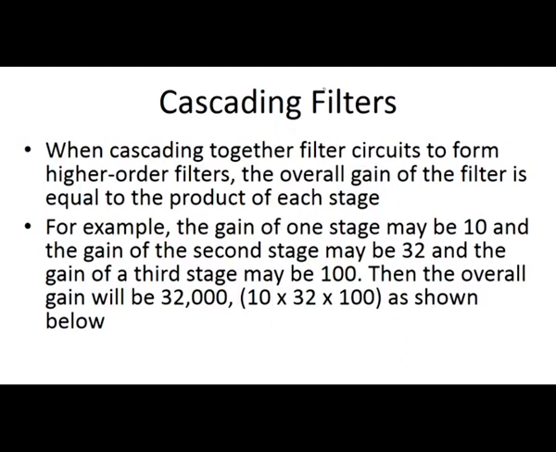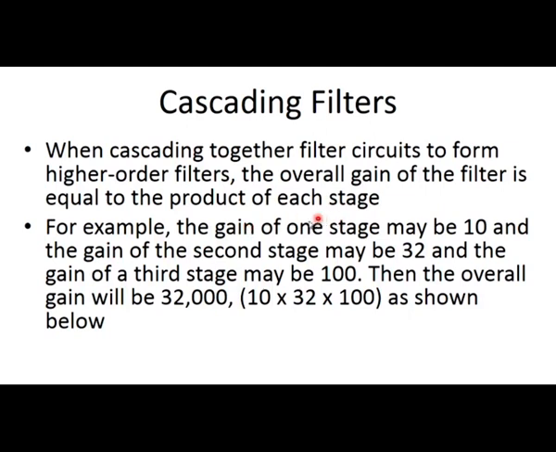Next is cascading the filters. When cascading the filter circuits together to form the higher order filters, the overall gain of the filter is equal to the product of each stage, as we have seen in the band pass filter. And the band pass filter is actually the first order filter. If you want to increase the order of filters also, we will be cascading the filters.